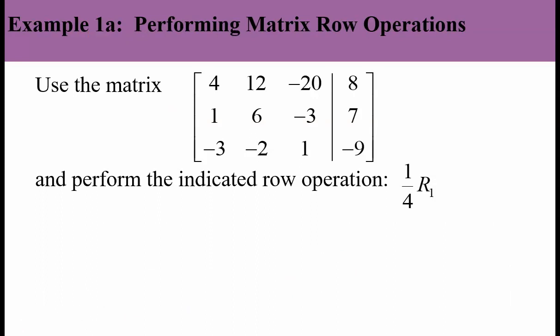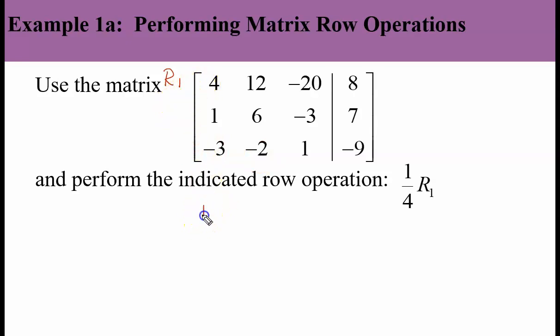Now, as you do these examples, there is no absolute one way to do it. Another way to get row 1, as it originally was, to have a 1 in this first position, is to multiply each term here, as you study it, by 1/4. So how would you indicate that?